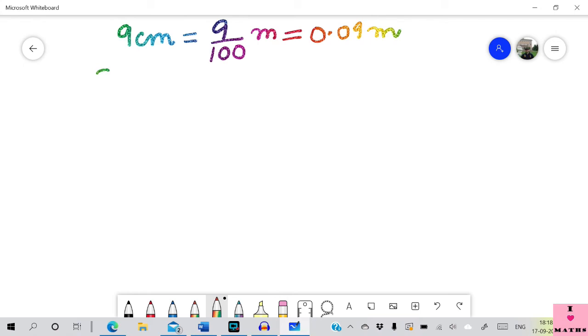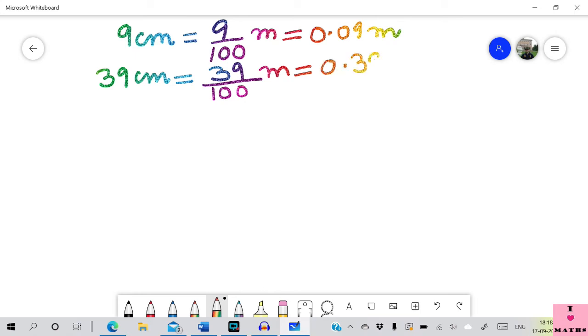Okay. 39 centimeter is equal to 39 parts out of the 100 equal parts of a meter. So this is equal to 0.39 meter.